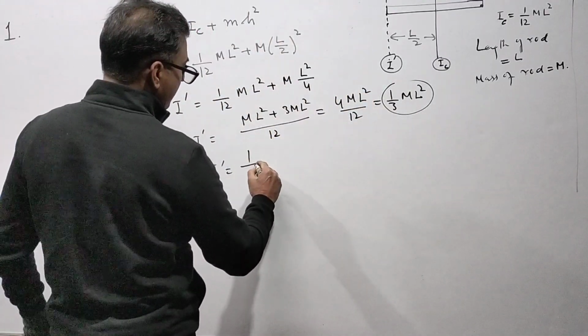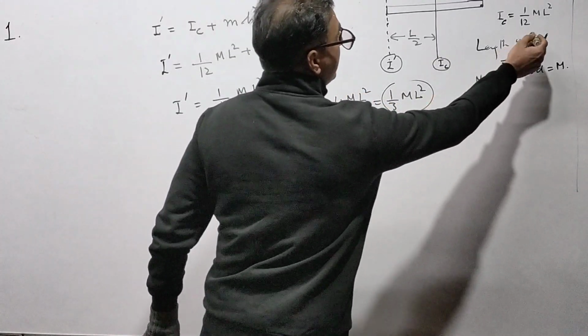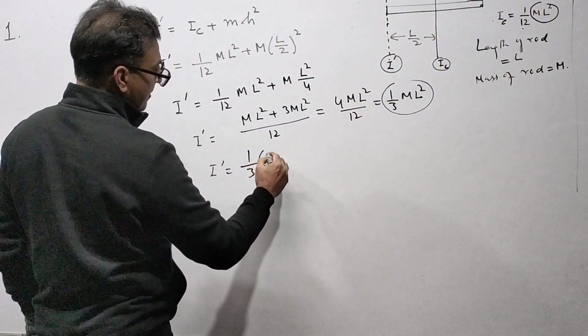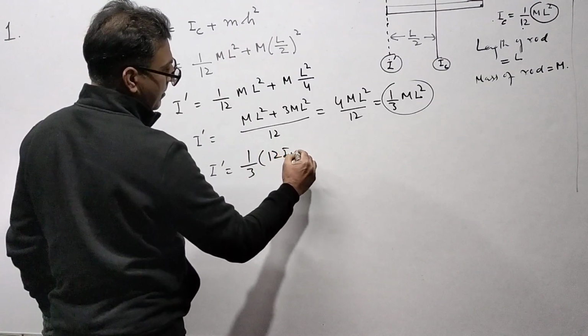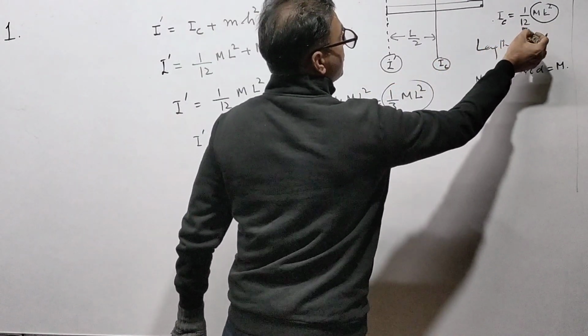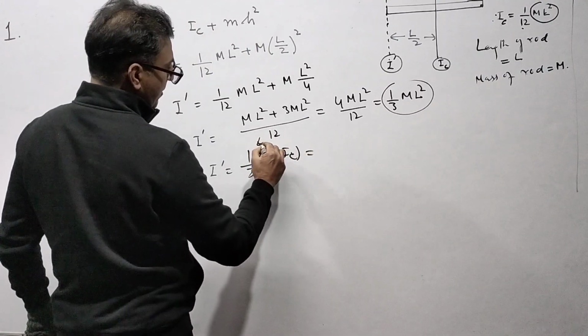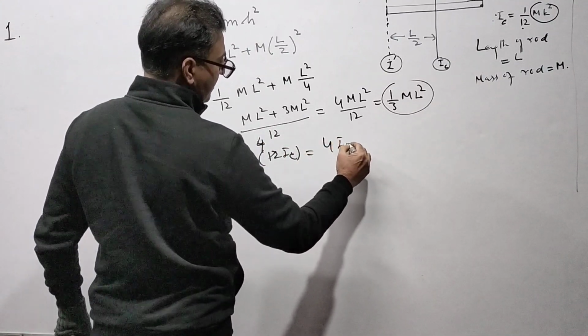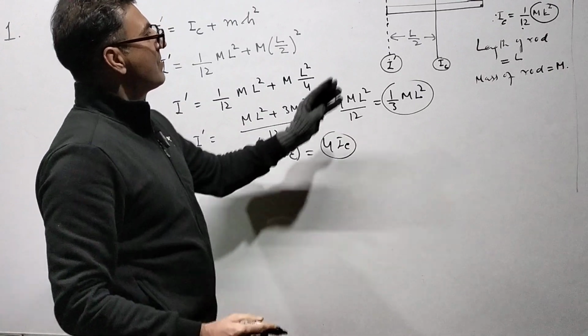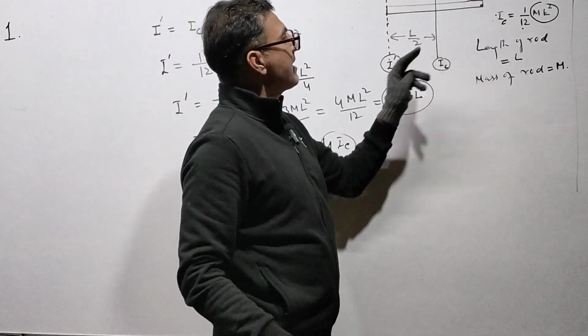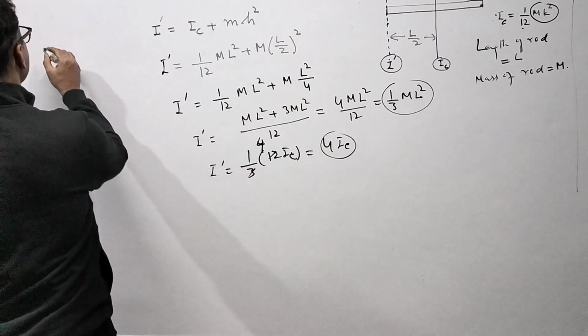It is 1/3 ml square, and ml square is 12 IC. From here, ml square is 12 IC, so it is 12 by 3, that is 4 times IC. So the moment of inertia about the end axis is 4 times the moment of inertia about the center of mass axis. This was problem number one.